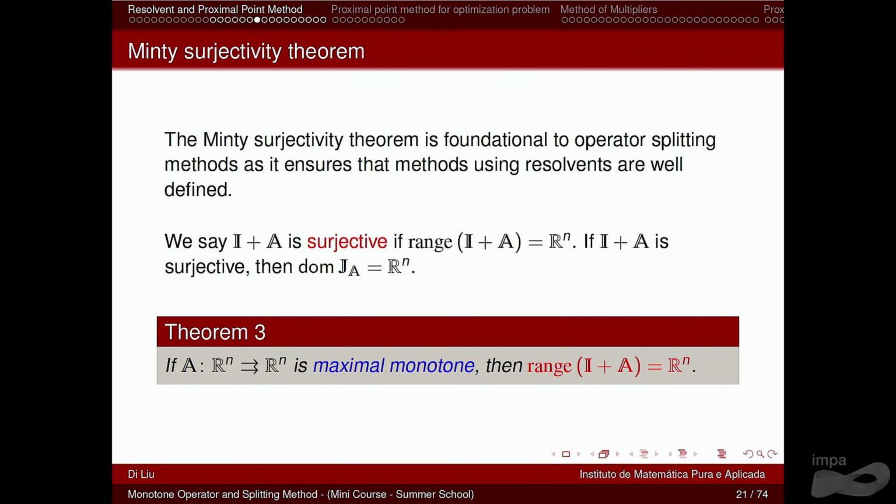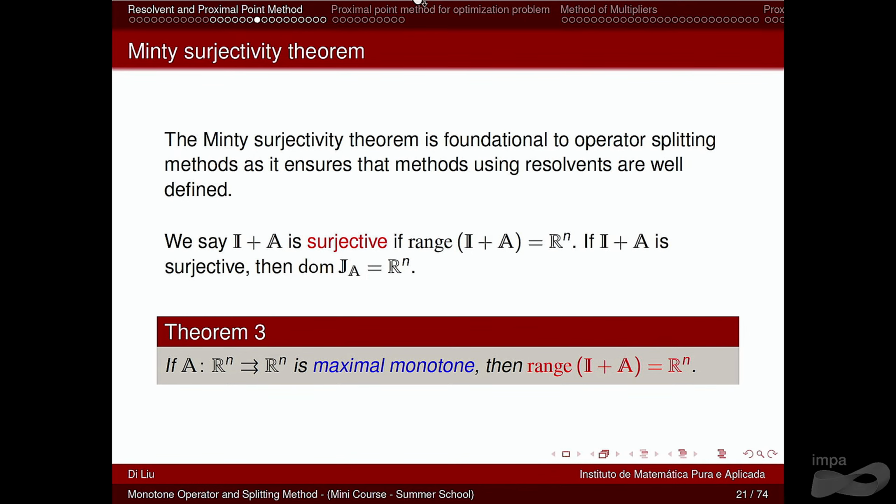Okay, we prove the Minty theorem. Let's recall the Minty theorem. We say A is a maximal monotone operator. Then the range of I plus A, where I is the identity, is the whole space, or equivalently, the domain of the resolvent is the whole space.